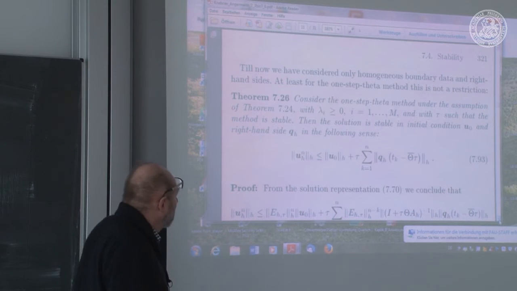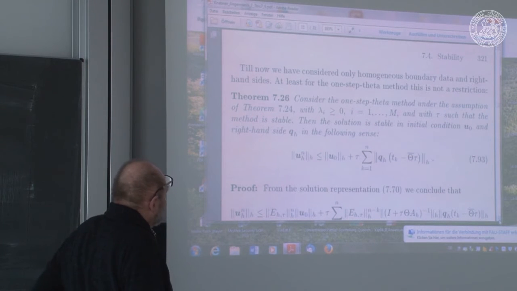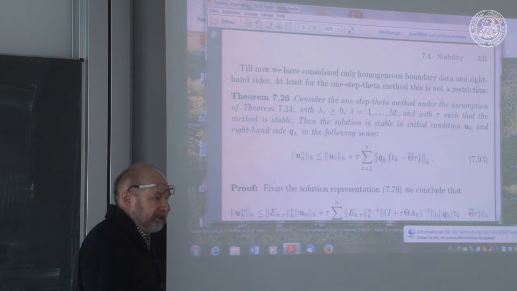What we get out here is the following. This is an estimate which is pointwise in time.